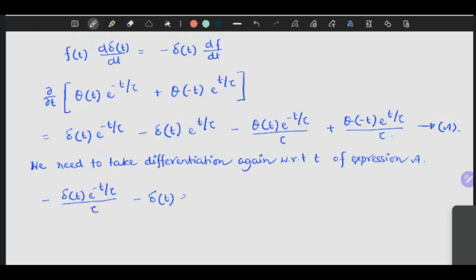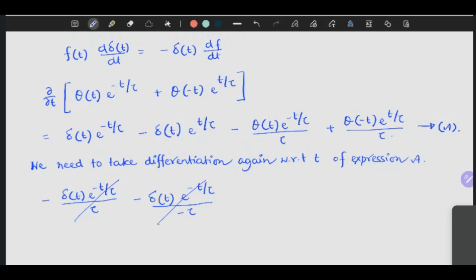So df dt means e to the power minus t by tau of minus tau. Okay, so then these two cancel out.